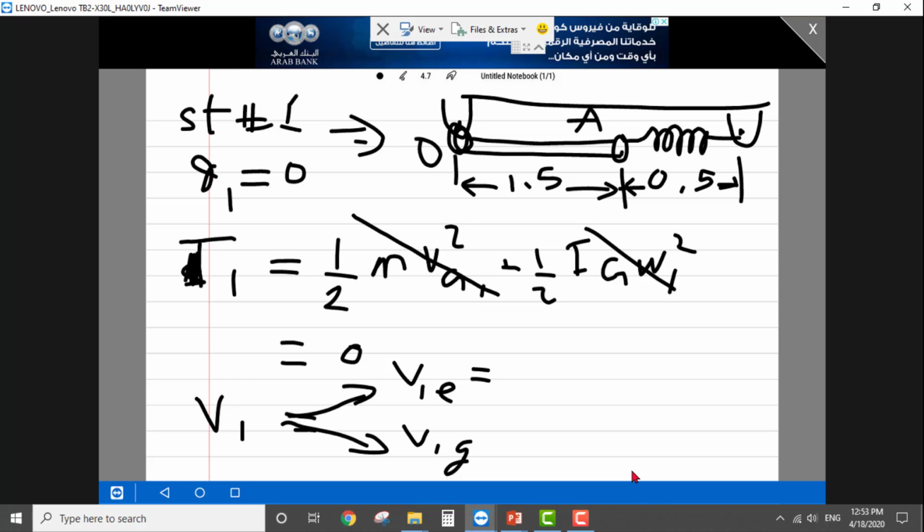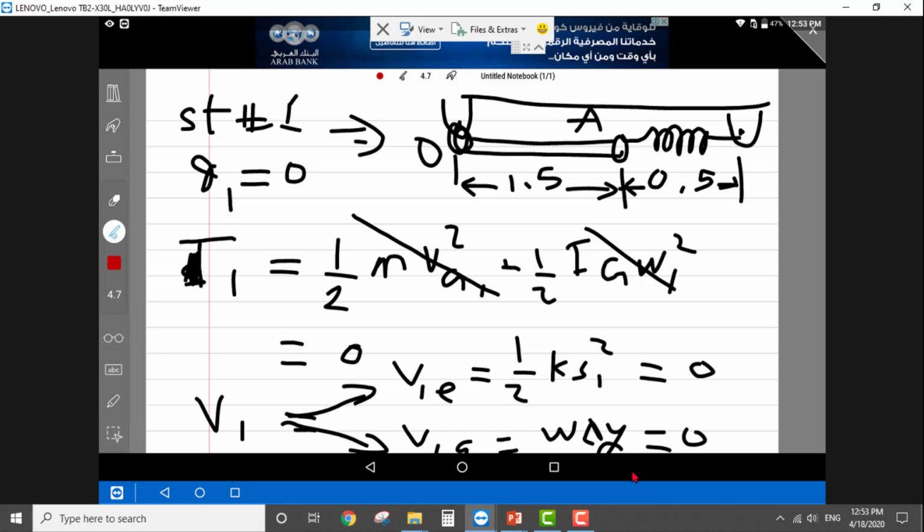V1 elastic, which is always positive, is half K S1 squared, and gravitational potential energy is weight multiplied by delta Y. I think again you agree that this value is equal to 0 and this value is equal to 0.